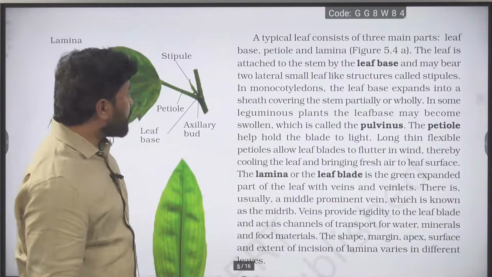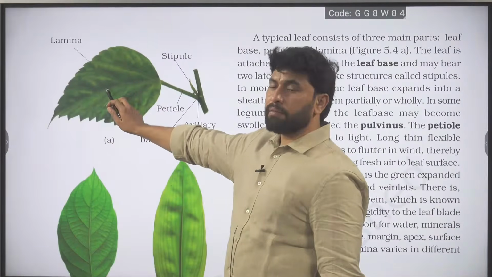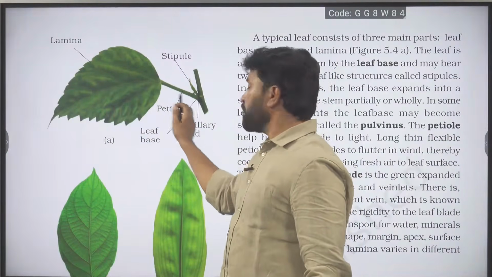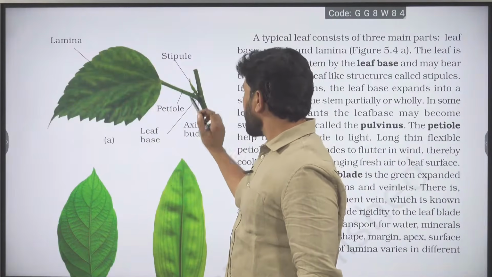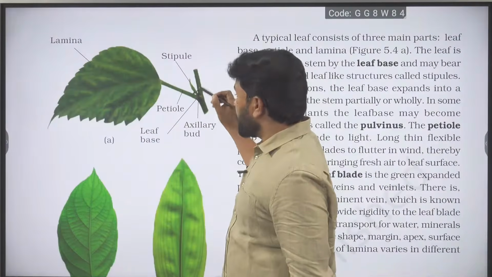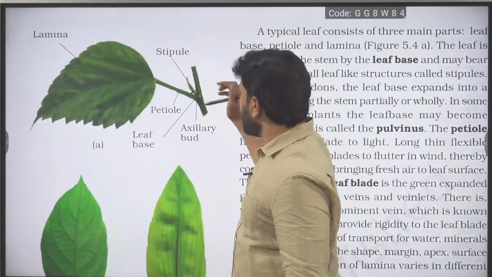A typical leaf consists of three main parts. This is the leaf lamina, which is also called the leaf blade. This is the leaf petiole, and this one is called the leaf base. These three parts. On both sides of the leaf base, there are some small, minute leaf-like extensions.